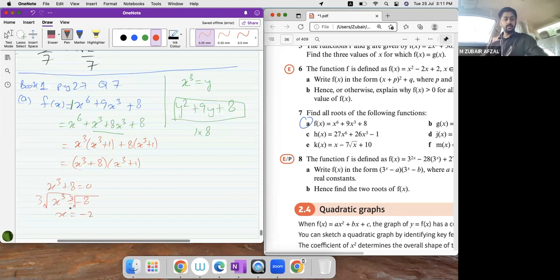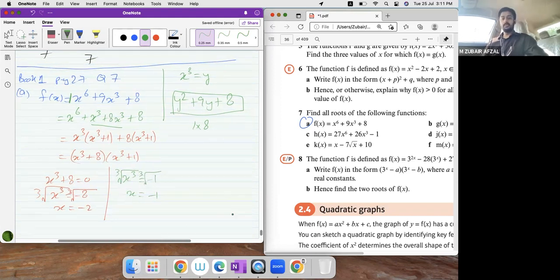Cube root of a negative number is possible. If it would have been a square, we'd reject it. x cube is equal to minus 1, so x is equal to minus 1, cube root both sides. So roots are minus 2 and minus 1. Look at this part, E part.